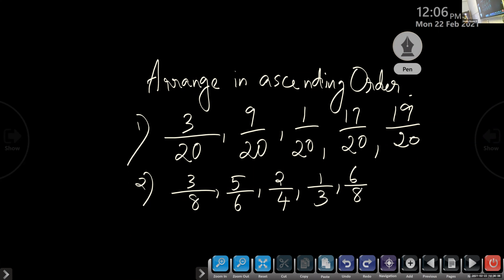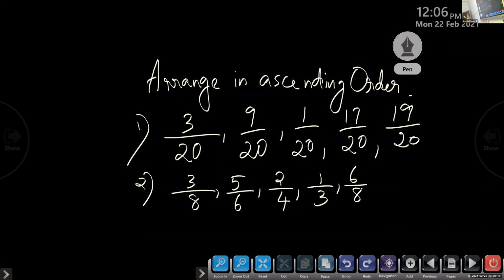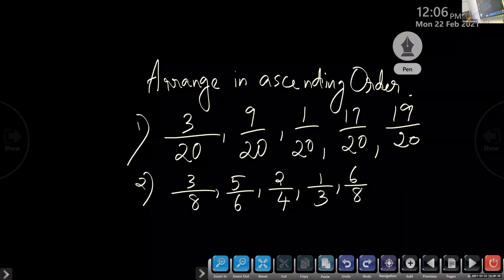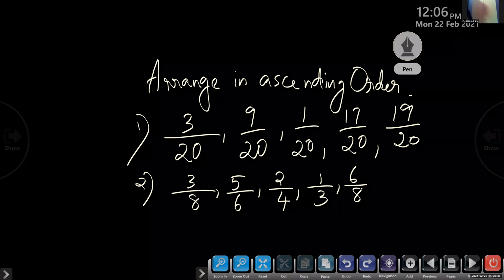Then look at the numerators and arrange from small to big. Please mute your audio, children.